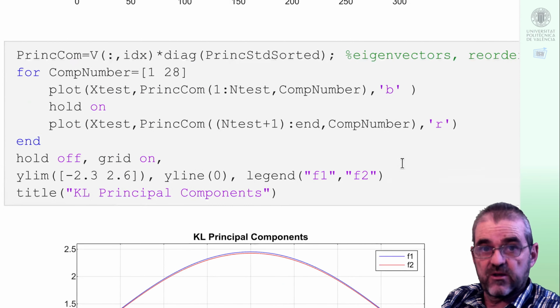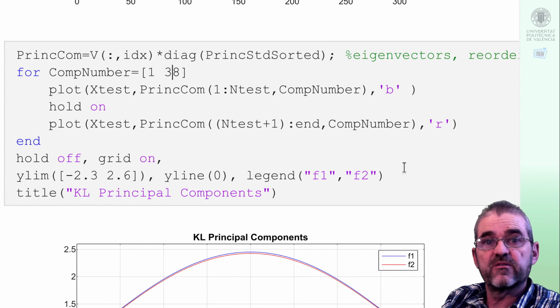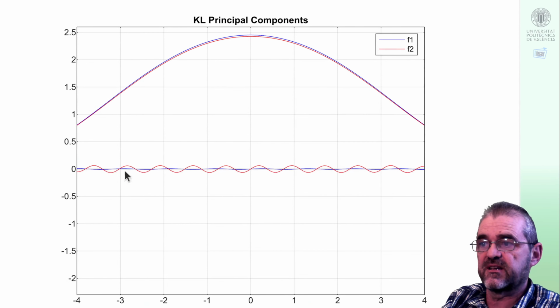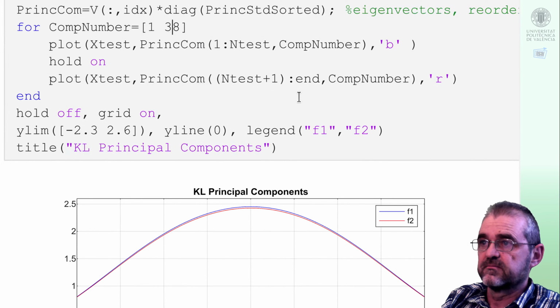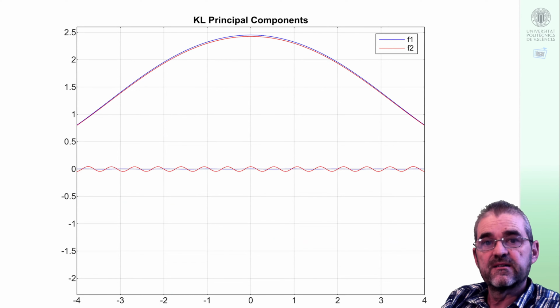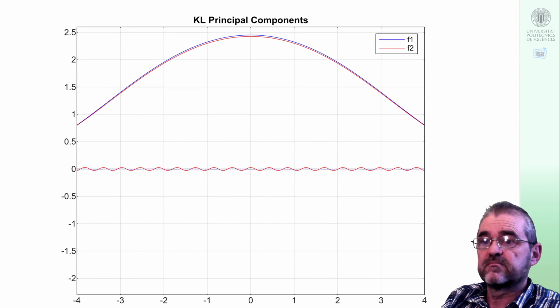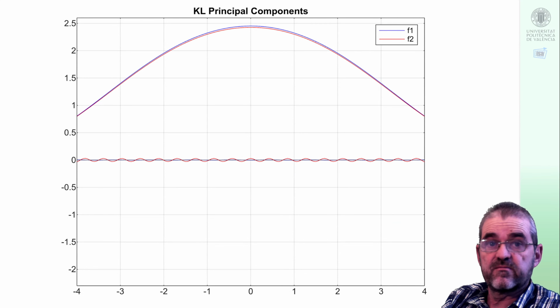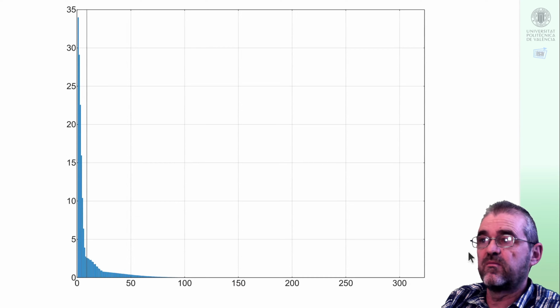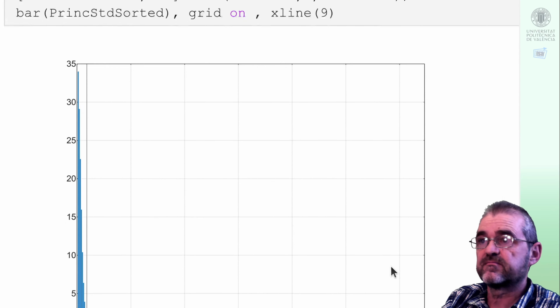So you can download the code again and play with whatever components you wish, but once we reach high numbers, component 38 is again a high frequency wiggle of the second function, and higher components still wiggle the second function, and somehow the amplitude, this is 58, decreases up to negligible levels, and overall most of the variability is given by the first 10 components, let's say.